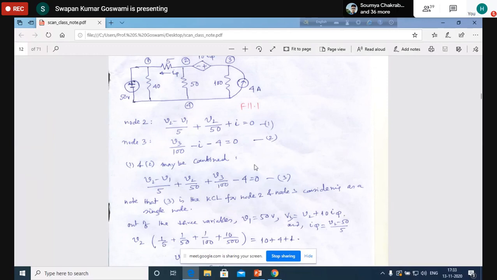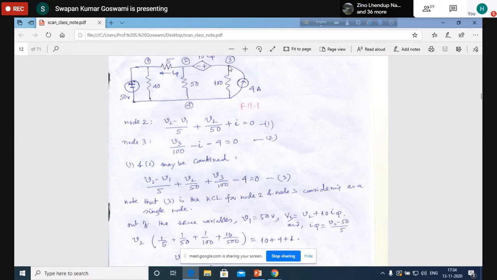Okay, whenever we have combined these two, actually what has come out as a result? As a result, we have obtained this equation, equation number 3, where you see that basically we have written the KCL equation combining node 2 and node 3. That means as if we have considered node 2 and node 3 as a single node.